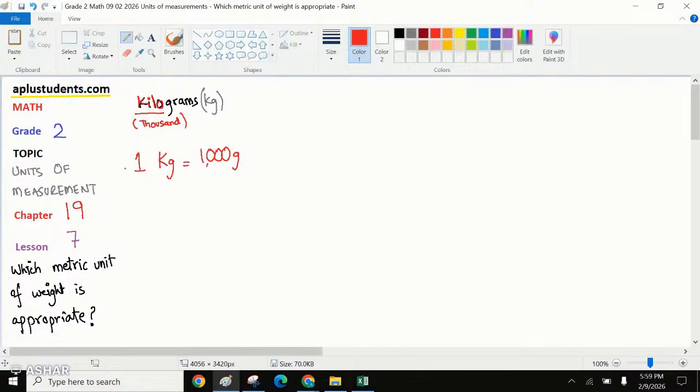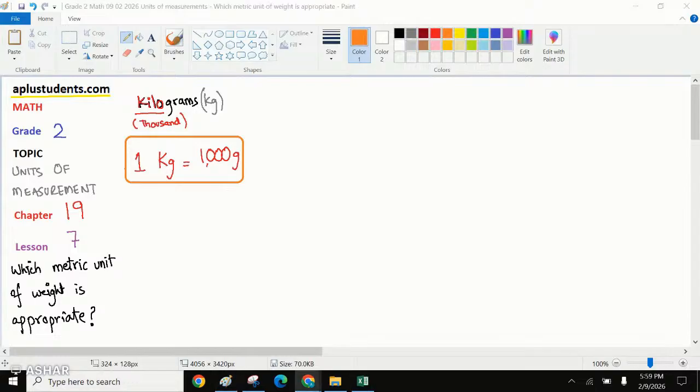That means if 1 gram was this circle, then 1,000 circles, I cannot make 1,000 of these, but having 1,000 of these circles would mean it equals 1 kilogram. Let's do the comparison.